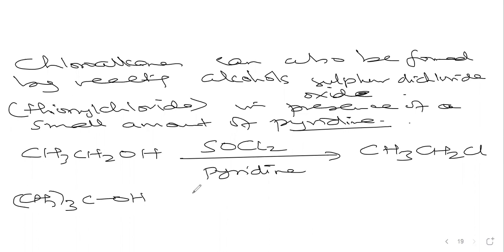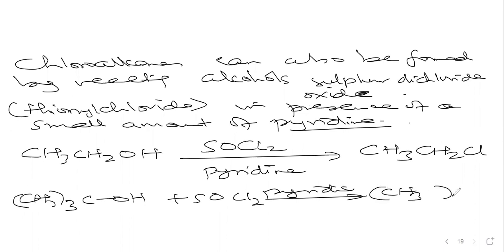So if I react this with thionyl chloride in presence of pyridine, I'll get (CH3)3CCl. The other products of this reaction are sulfur dioxide and hydrogen chloride. So in the same reaction, we shall also form dense white fumes.